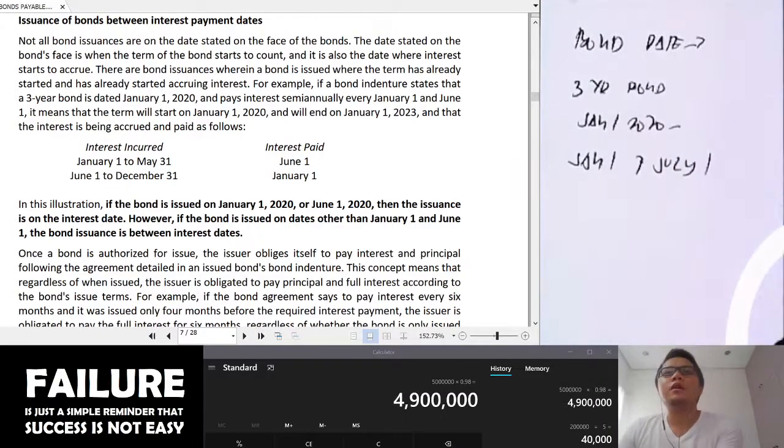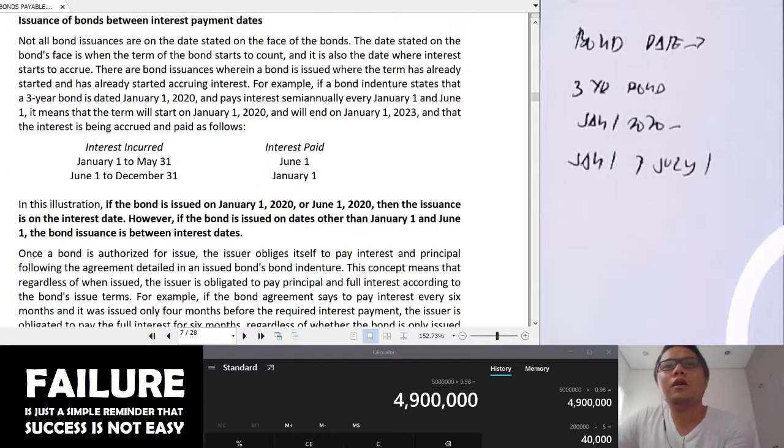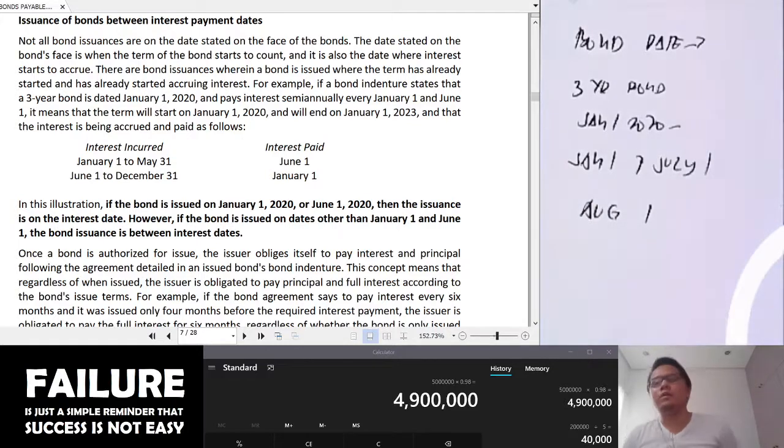If the bond is issued, example lang, let's say, issued siya August 1.